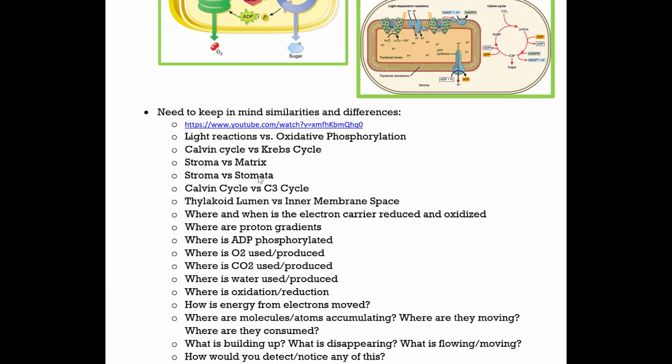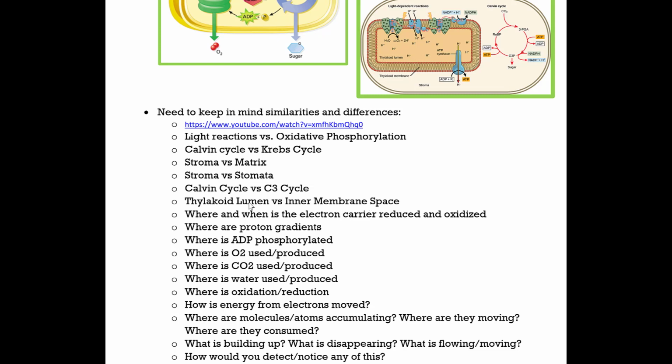Stroma and stomata both are found in photosynthesis, but the stomata are the pores in the epidermis of plants that allow gas exchange, so let CO2 in and O2 out. The stroma is the cytoplasm of the chloroplast.